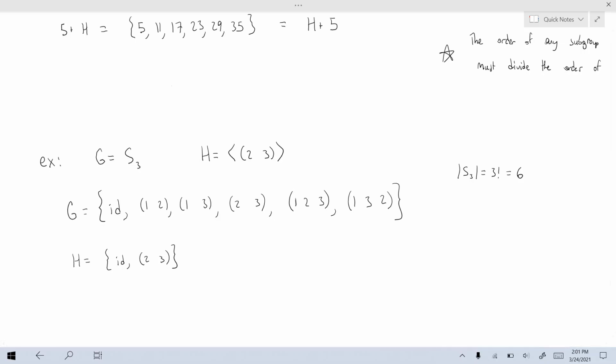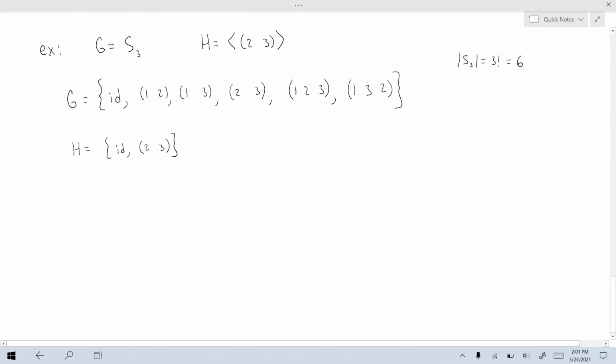All right, and now we want to find the cosets of H in G. Of course we could multiply H on the left by the identity, and that would just give us H again. So that is one of the cosets.